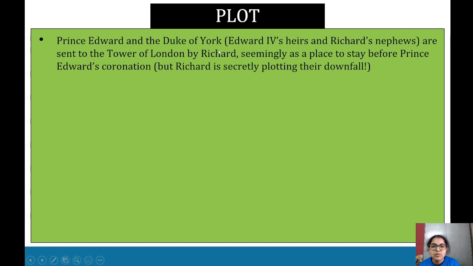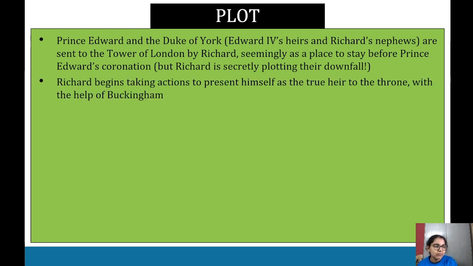Okay, so Prince Edward and the Duke of York, the two heirs, which in reality, Richard said were illegitimate, but in the play, Richard's nephews are sent to the Tower of London, seemingly as a place to stay safe before Prince Edward's coronation. But of course, Richard is plotting their downfall. Prince Edward, though, at this age, he's like a 12-year-old boy.